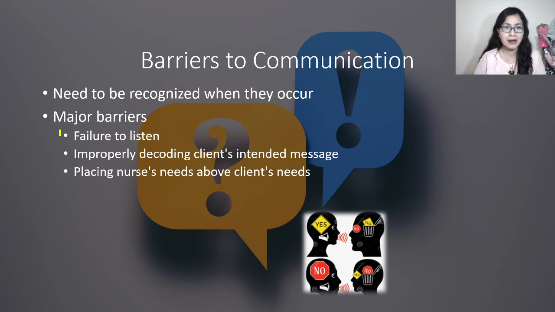The major barriers to communication are failure to listen, improperly decoding the client's intended message. Sometimes you are already preemptive of what the client will say and wrong about it. Another one is placing the nurse's needs above the client's needs. So please, again, your focus of care is the client.